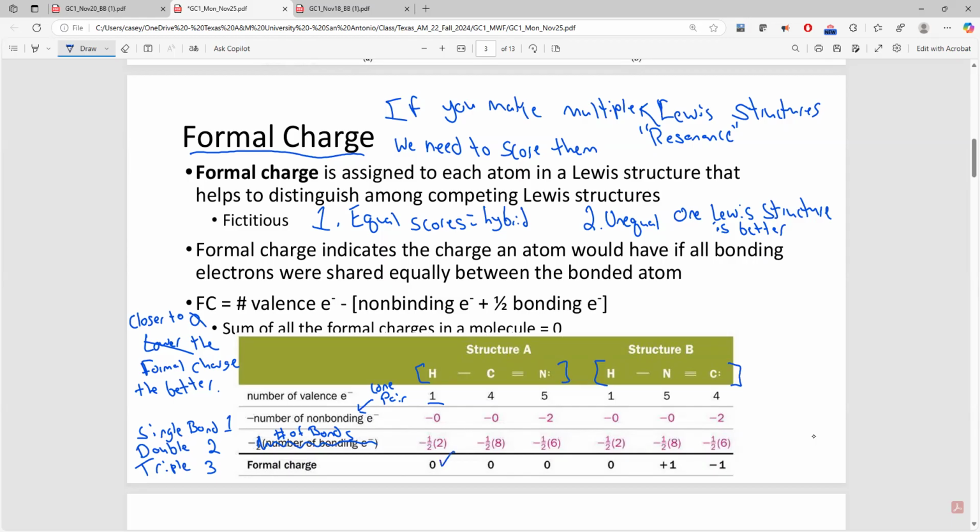That's generally what you want. Carbon, 4 valence electrons, no lone pairs, but it has 4 bonds, so that has a score of 0. Nitrogen, 5 valence electrons. It has a lone pair, so minus 2 for the 2 lone pair electrons. And it has 3 bonds, minus 3, 0. All right, so that's what you're looking for. So this is a great Lewis structure.